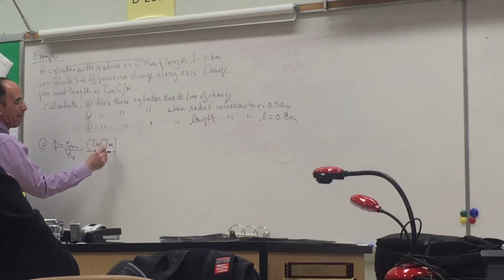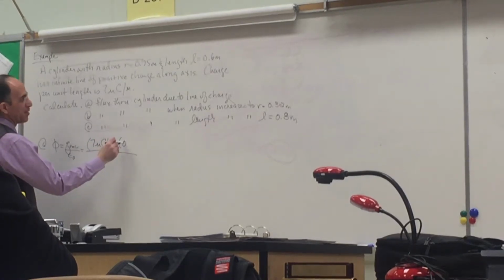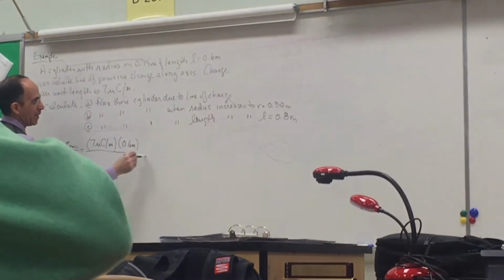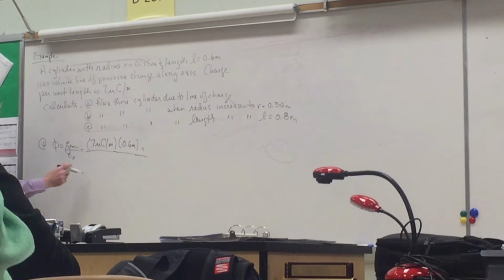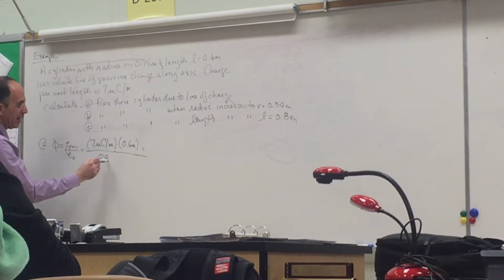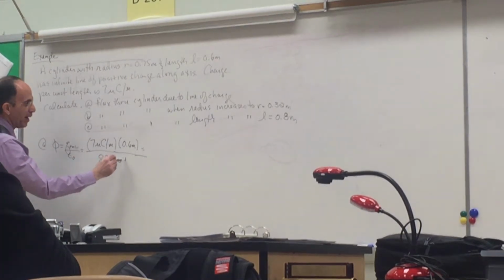That's Mr. Del Rossini's suggestion. What is that gonna do, though? The meters are gonna go out, so you're gonna get the charge. And then Joe is suggesting just dividing by epsilon sub zero, which is 8.85 times 10 to the negative 12.